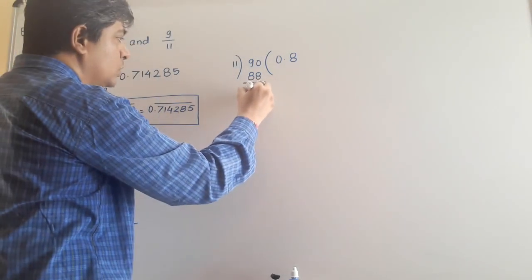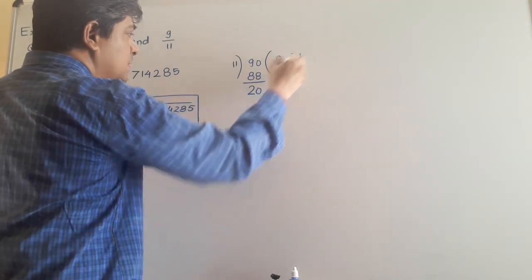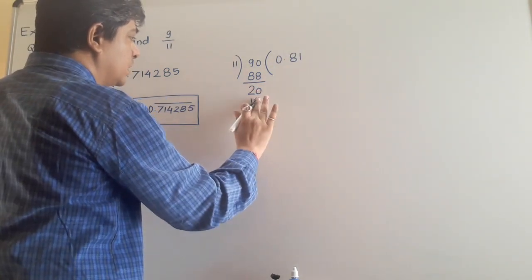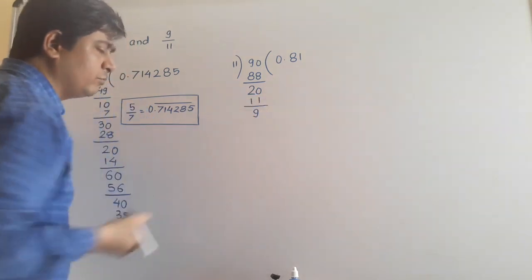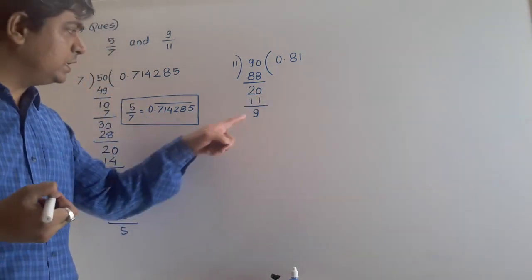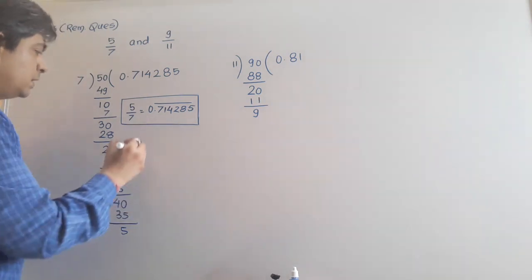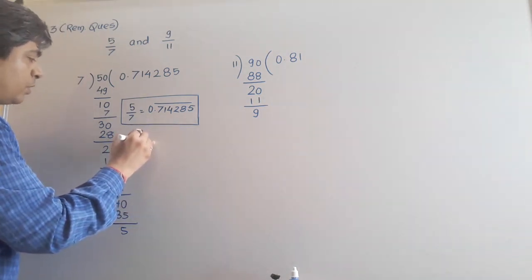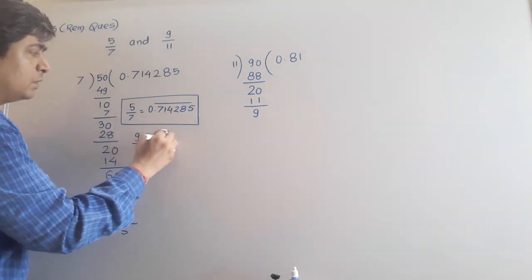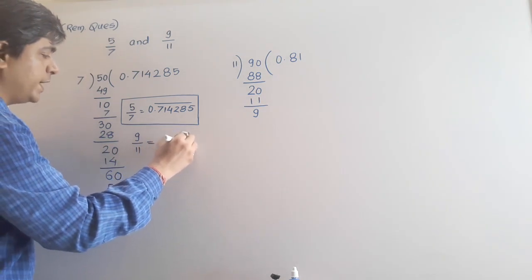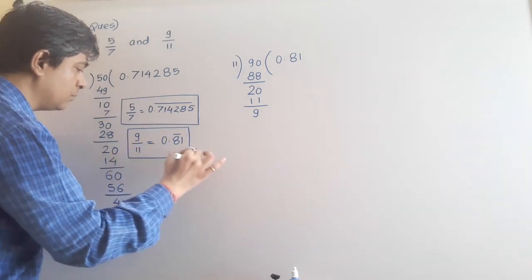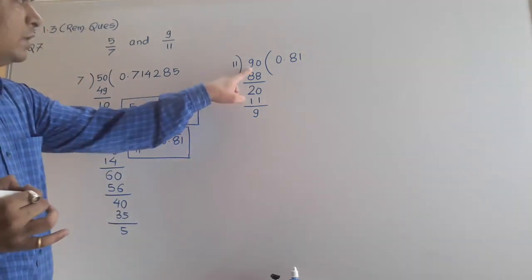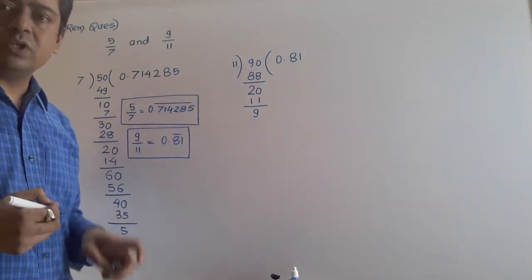Remaining is 2, taken a 0, 11 ones are 11. What will remain here? 9. Alright, in one step only we got the value 9 here. So we can say that 9 upon 11 is equal to 0.81 bar, because here the remainder came again 9, because from 9 we started and 9 only I got back.